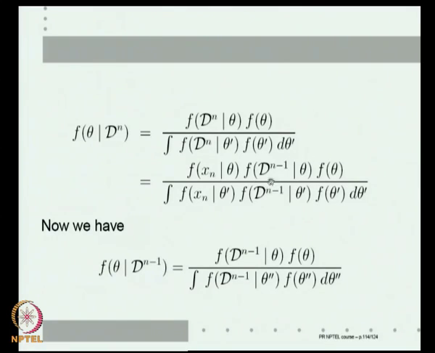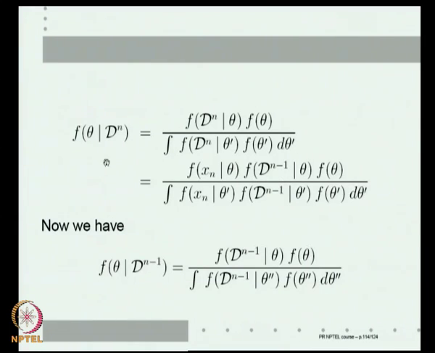Then in the numerator I get f of D n minus 1 given theta, f theta, by integral of this, right, that becomes f of theta given D n minus 1. Similarly, in the denominator I have f of D n minus 1 given theta prime, f theta prime, by this normalizing constant. So, that becomes f of theta prime given D n minus 1.